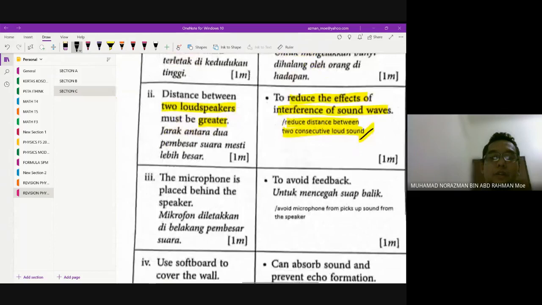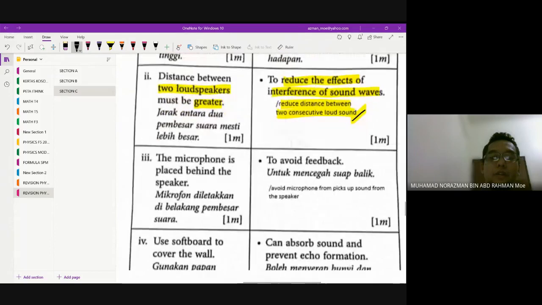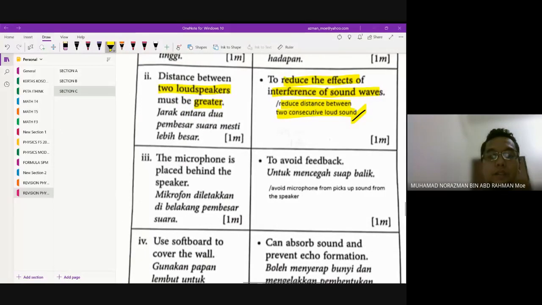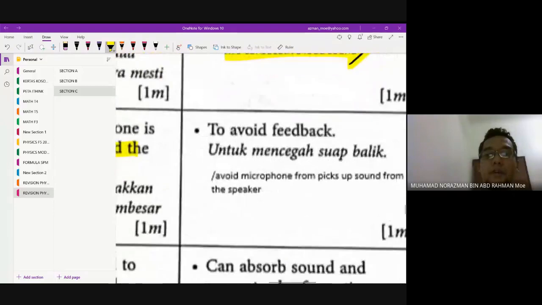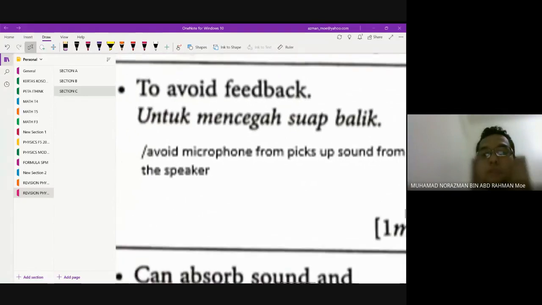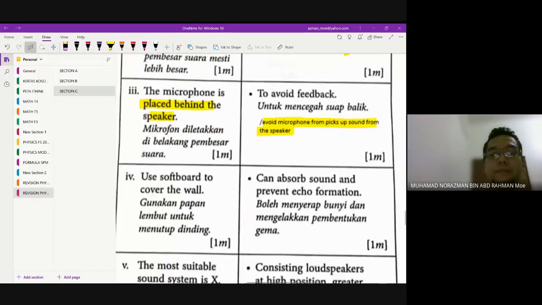Position of microphone. We place the microphone behind the speaker. Why? To avoid feedback. Or if you don't know the term feedback, you can say to avoid the microphone from picking up sound from the speaker, which is also acceptable.